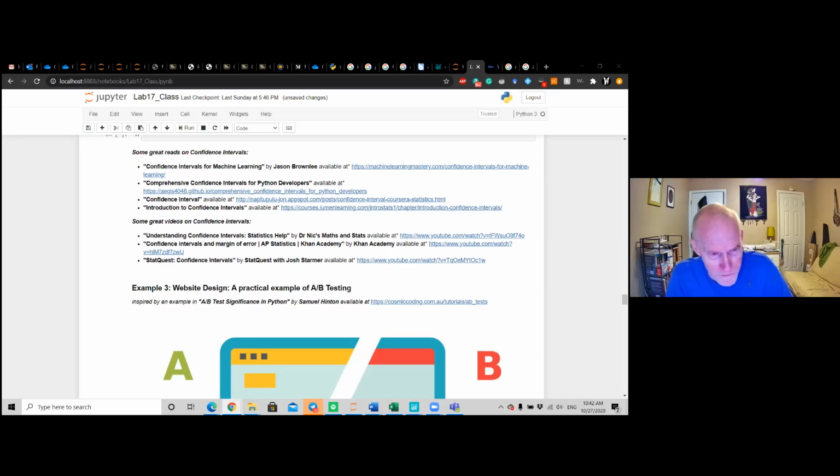But most of them are based on NumPy and pandas. On Thursday, we'll start off with A/B testing, at least in the Thursday lab. I'm going to continue on interval estimates in the Thursday lesson.